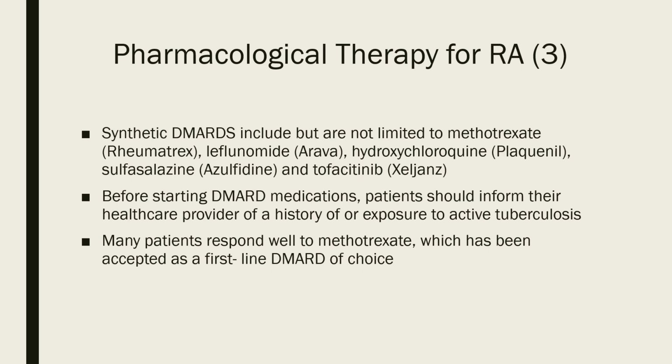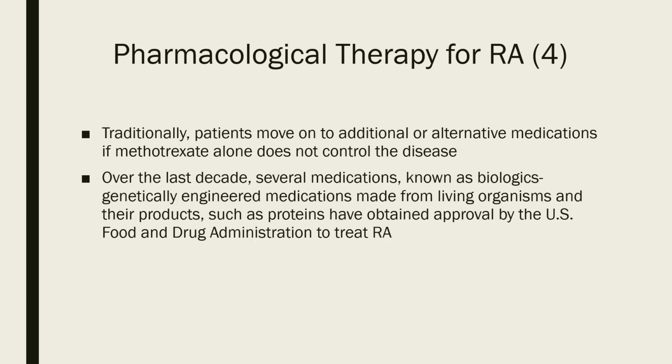Many patients will respond well to methotrexate, which has been accepted as the first line DMARD of choice. Traditionally, patients will move on to additional or alternative medications if methotrexate alone does not control the disease.